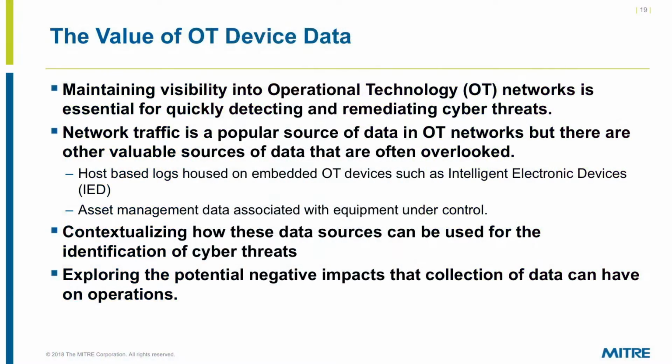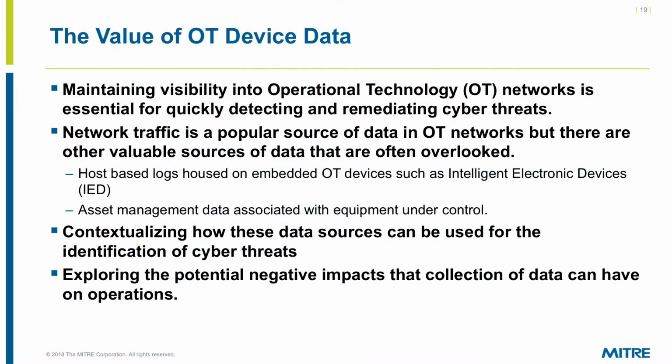When you talk to a lot of vendors, their main data source is the network. So they'll say, connect this up to the SPAN port. And that's a great place to start, and you should be monitoring that area. But what else are you missing if you're not looking at the low-level devices? So what are the host-based logs housed on embedded OT devices such as an IED? And then things like asset management data associated with equipment under control.